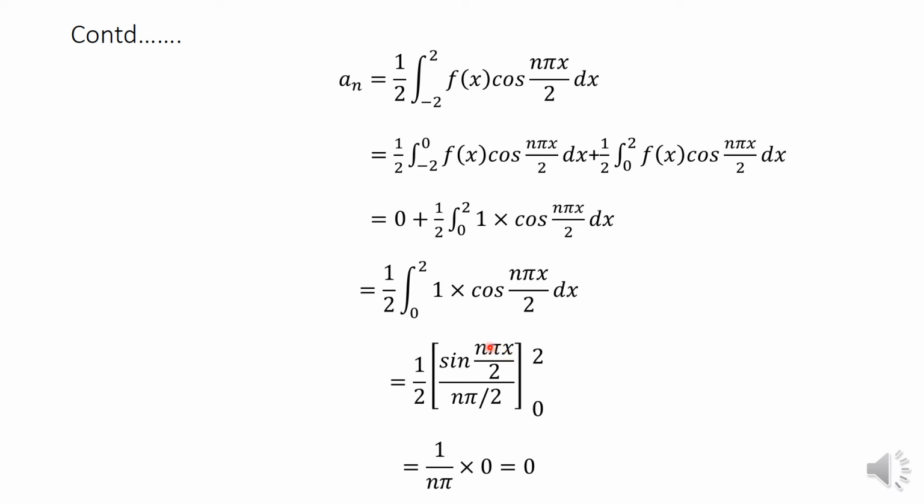Sin 0 is 0. Therefore the upper limit is 0 and the lower limit is also 0. That's why we get 0 here. So 1 by n pi into 0 is equal to 0. Therefore for this problem the value of the second Fourier constant an is equal to 0.